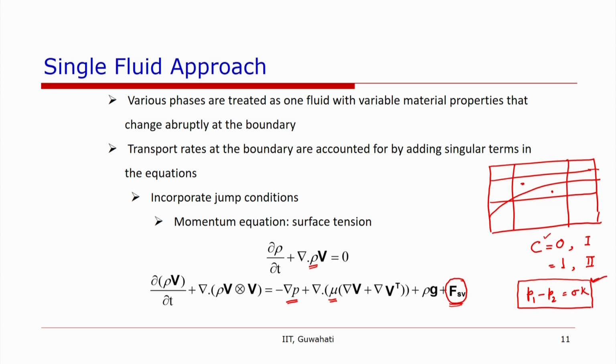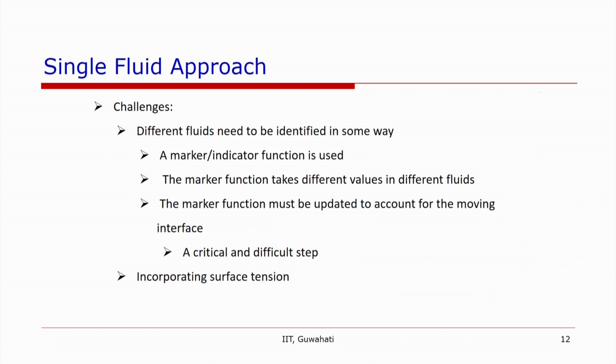In the cells that have an interface in them, we will have the viscosity and density as the volume fraction weighted average of the properties of the two fluids. Now, there are a number of challenges or issues that we need to address to use a single fluid approach to model two-phase flow.